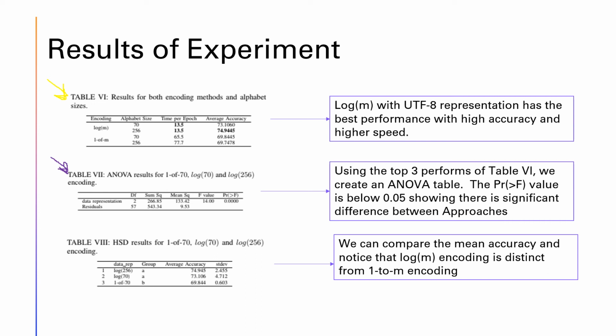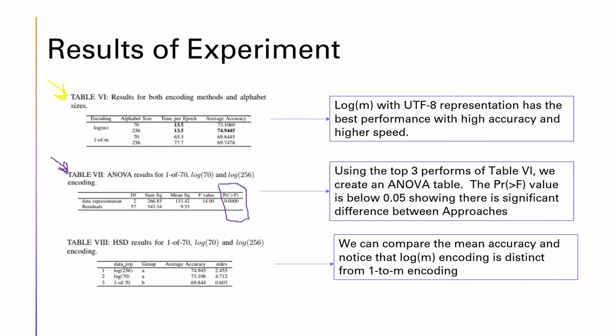So we perform our ANOVA table using the top three performers from our last table, which would be log of 70, log of 256, and 1 of 70. Now, when we do our ANOVA table, you can see the p-value here is below 0.05, showing that there is indeed significant difference between the approaches.